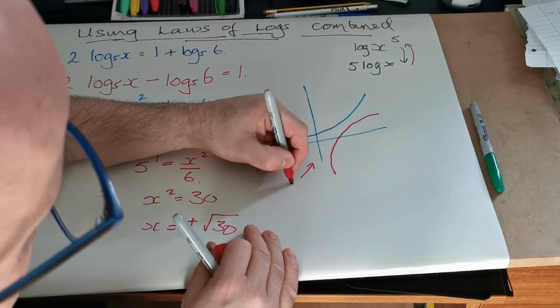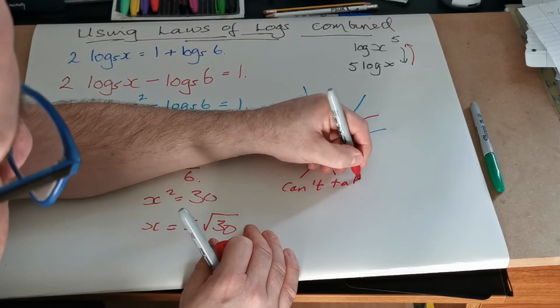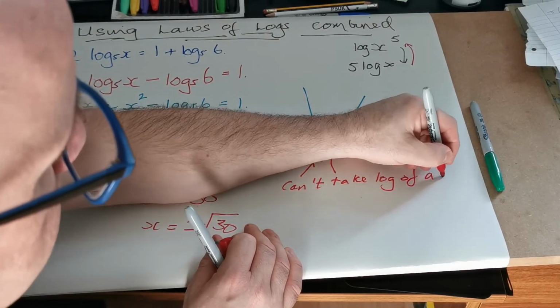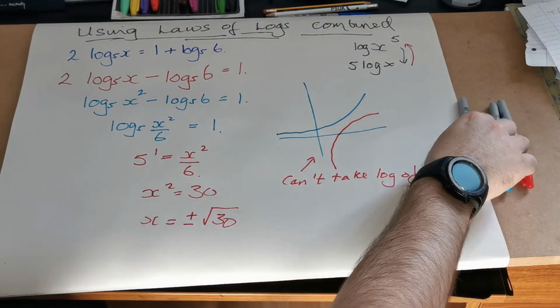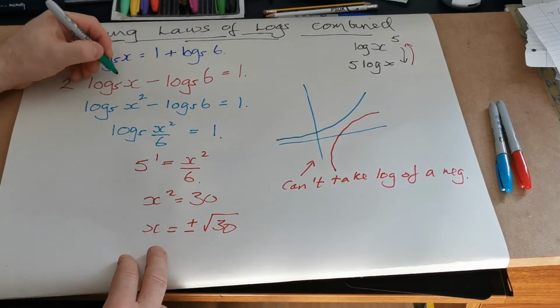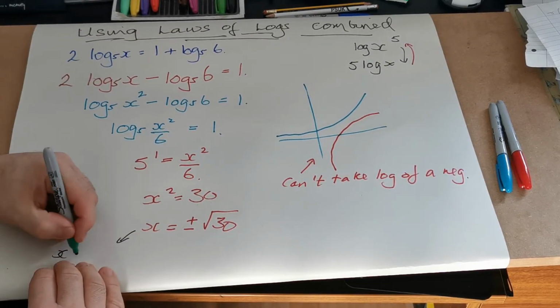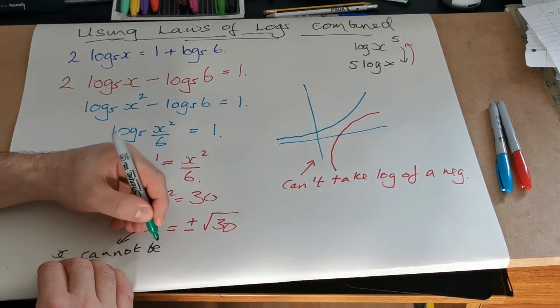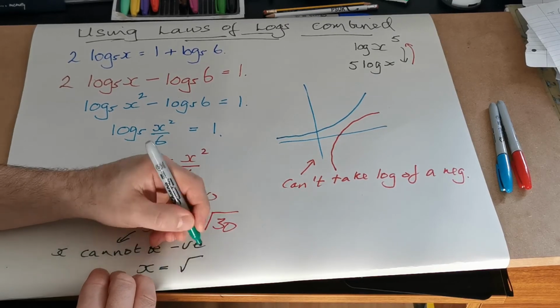So you can't take log of a negative, so that means x cannot be negative here. So x is equal to root 30.